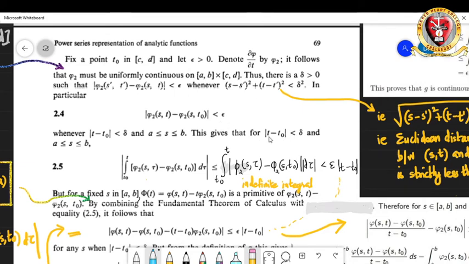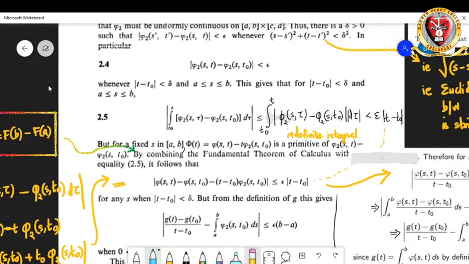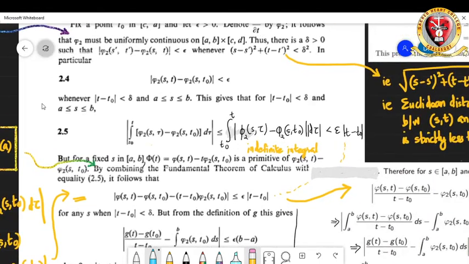So this gives that whenever modulus of t minus t naught is strictly less than delta and a is less than or equal to s less than or equal to b, s is definitely varying in between a and b. We are going to take the value of this term to make it into an inequality.